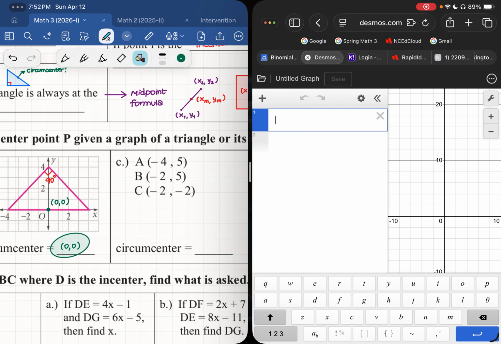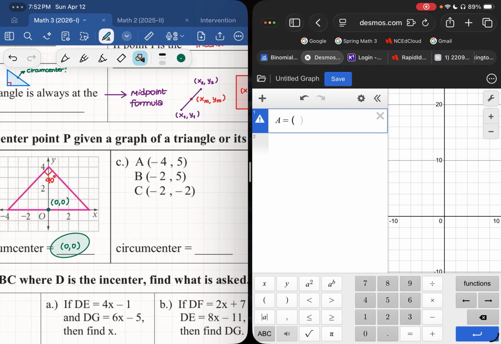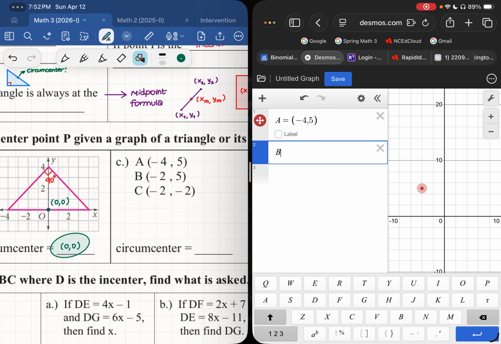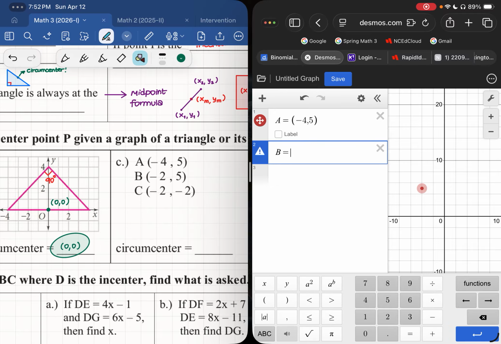So I'm going to put the points here, A equals, and I'm going to put here negative 4, comma 5. As you can see, the point pops up there, right? I'm going to put here B equals, I'm going to put the coordinates, negative 2, comma 5, right?